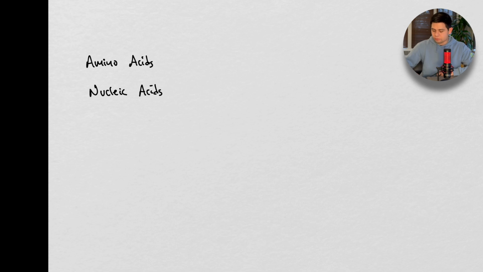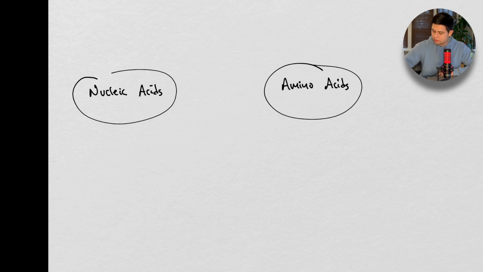Okay. These are acids. And what I had initially was this mapping, right? So from nucleic acid space to amino acid space, we map from here to here.